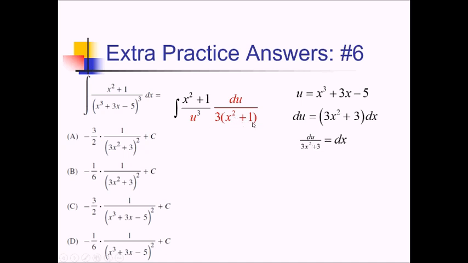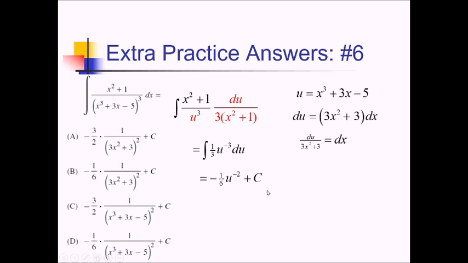So this makes it something that I can actually cancel out with the x squared plus 1 that's already there. So those are going to cancel. I've got 1/3 u to the negative third power, du. And now using my reverse power rule, this is going to bump up to a negative 2. Dividing by negative 2, I have negative 1 over 6 u to the negative 2 plus c.